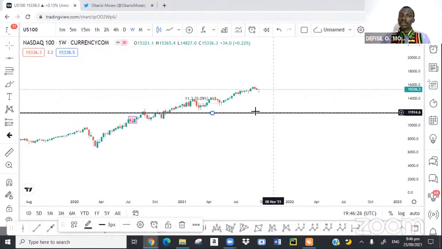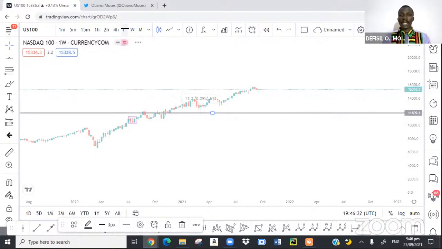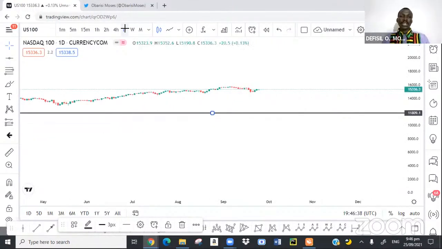So from next week, what we should be looking at on the Nasdaq or US 100 should be a good buying opportunity.